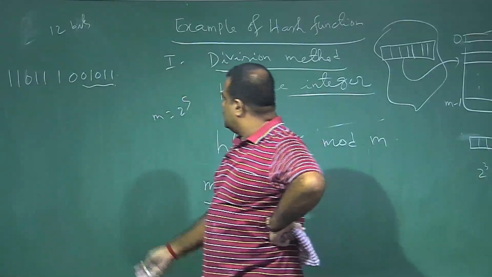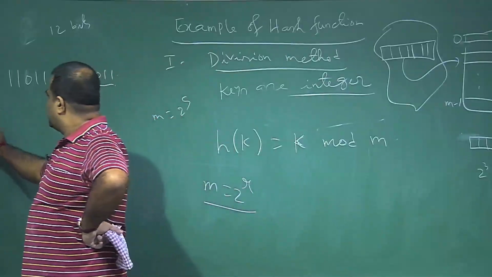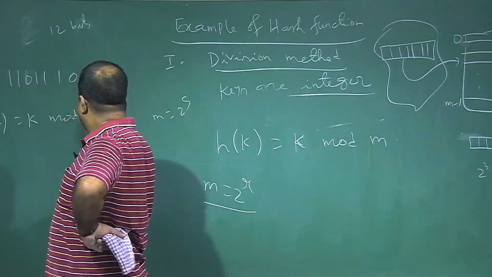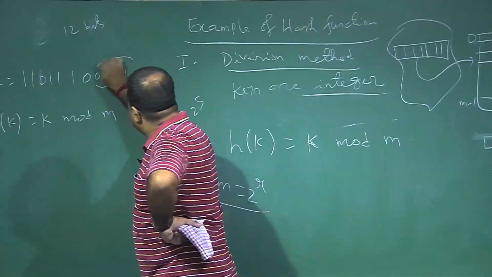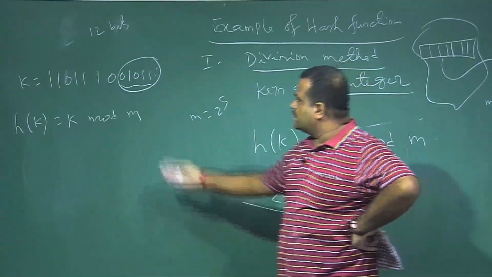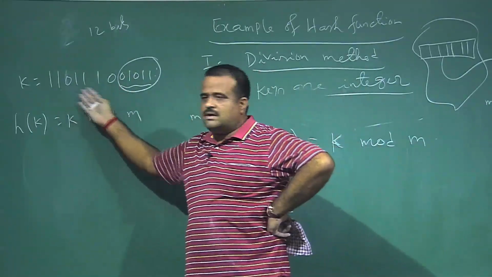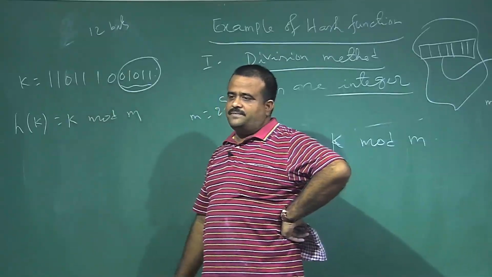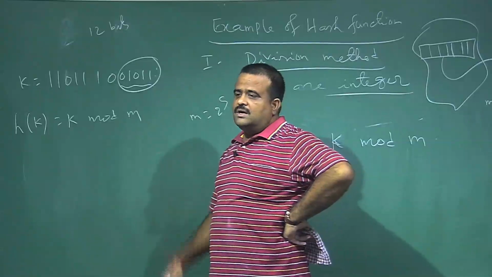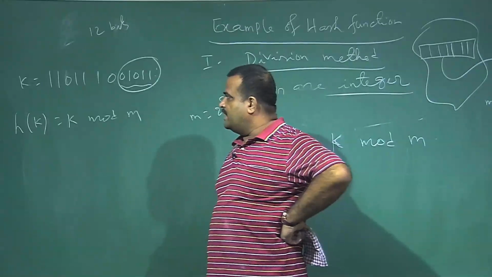In that case, what is k mod m? k mod m is basically these low bits. These are the high significant bits, and the high significant bits have no contribution to the hash value.